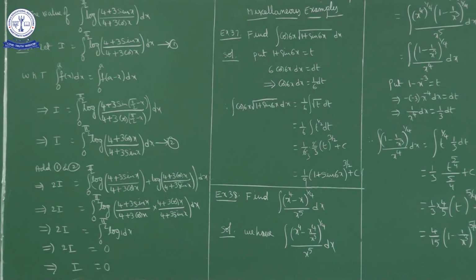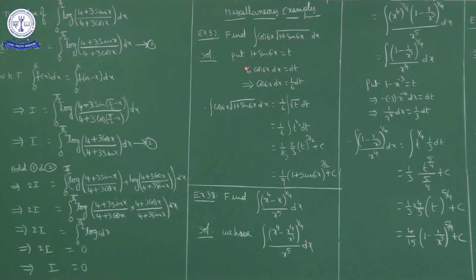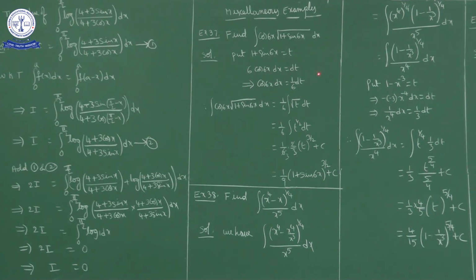I'll repeat once again. Here question is to evaluate integral cos 6x into square root of 1 plus sin 6x dx. I'll consider 1 plus sin 6x as t. So sin 6x derivative, 6 cos 6x dx is equal to dt. So cos 6x dx is equal to 1 by 6 dt.